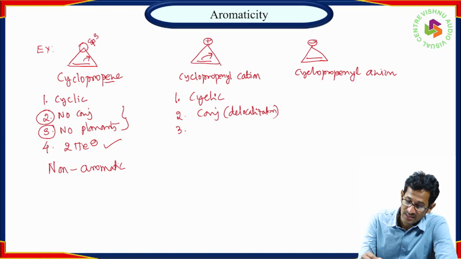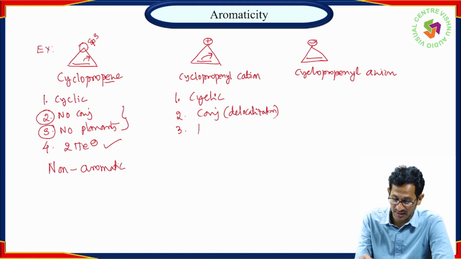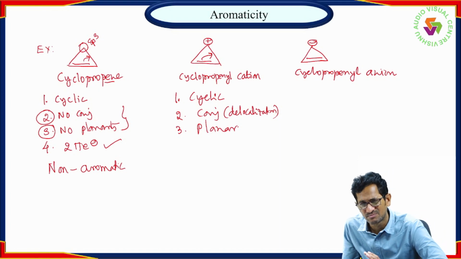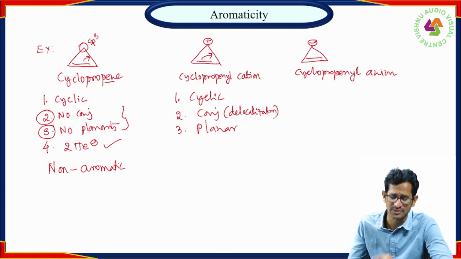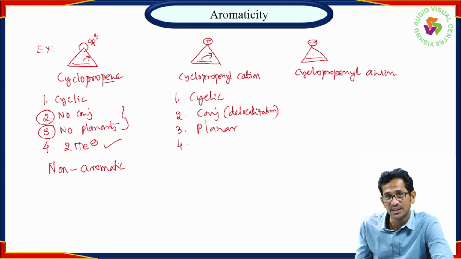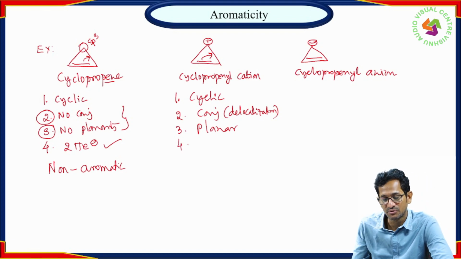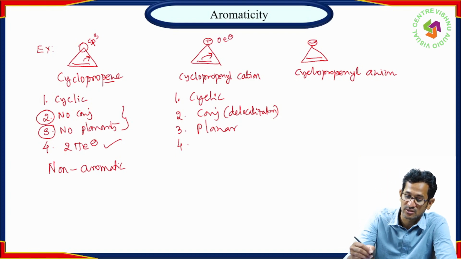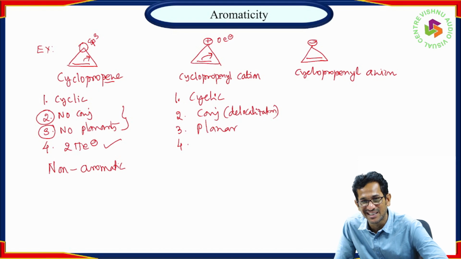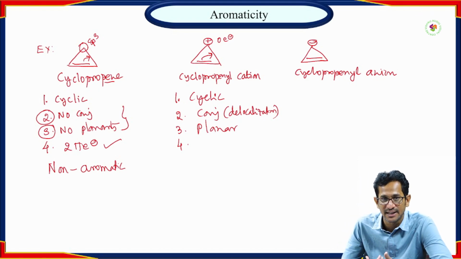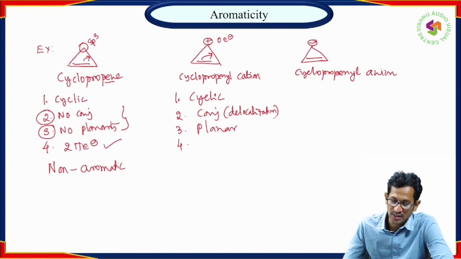Condition number 3: once conjugation is observed, it is a planar compound, and all the carbons are sp2 hybridized. For the fourth, if a positive charge is observed in a given compound, we consider 0 electrons, because the positive charge is electron deficient. It is not having any electrons, right? So 0 electrons.